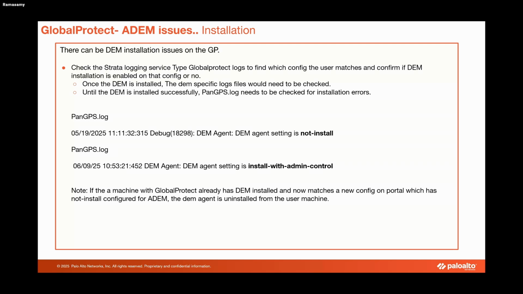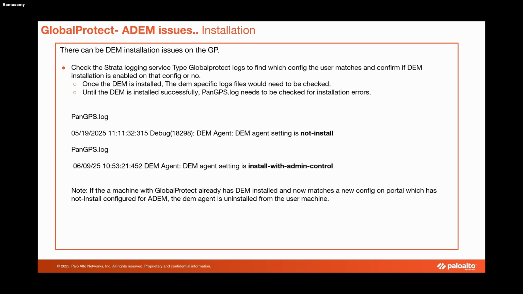In the pangps.log, you can see the message that the DEM agent setting is not installed. Again, in the pangps.log, when GlobalProtect matches the app settings which have the ADEM installation enabled, you should see a message something like install with admin control.